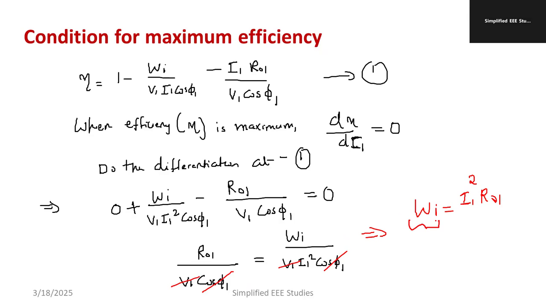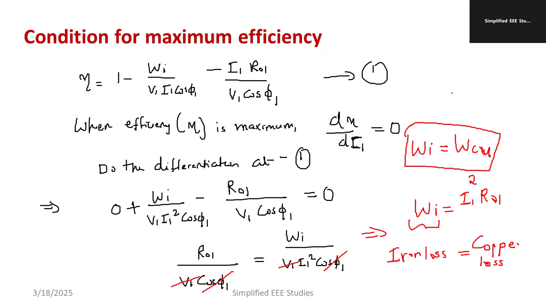Now tell me, what is Wi? Wi is nothing but iron loss. And what is I1 square into R01? Copper loss. It is very clear that the condition of maximum efficiency is iron loss equal to copper loss.